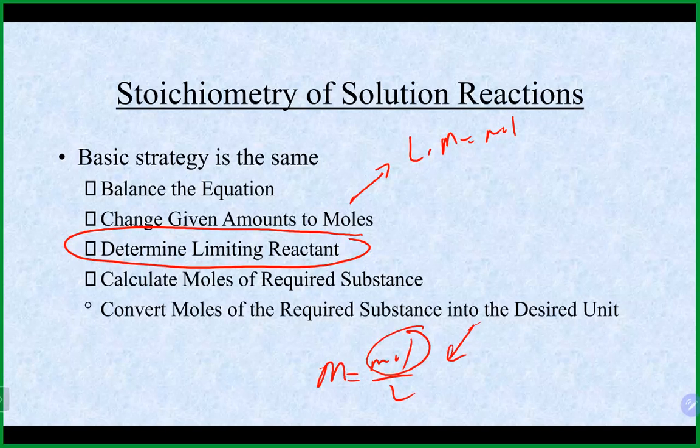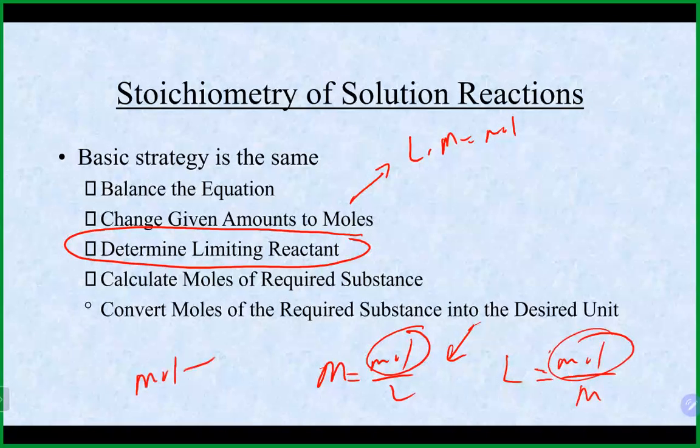The other thing that you might do is look at a volume if you are given the molarity. Once again, you get the moles from the stoichiometry part. So the ending also could be just like a traditional stoichiometry problem, moles to grams using the molar mass. So there's a few different options in solution stoichiometry. But a lot of times, somewhere along the way, there's some type of molarity and volume incorporated into the calculation.